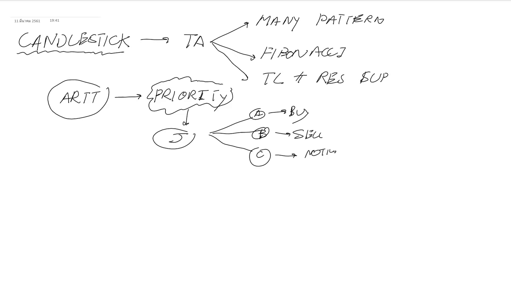How do you make the decision? Should you follow signal A or B or C? This is very important. Every time you see a chart, you need to know about priority. Priority helps you to make adjustment. Adjustment is very important.